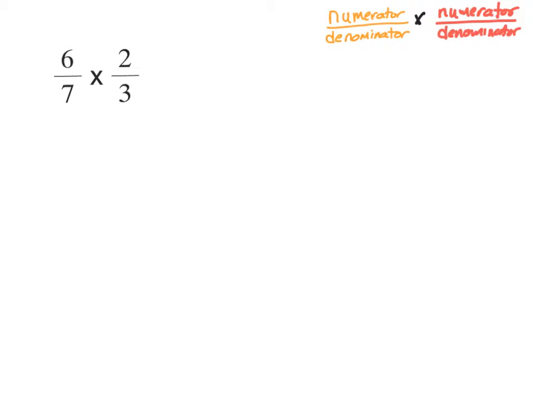And so to help with that, there's a shortcut that you can simplify first and then calculate. So if you can find common factors between the two fractions that you're looking at, you can simplify them first and then multiply, and it will just save you a lot of time and calculating.